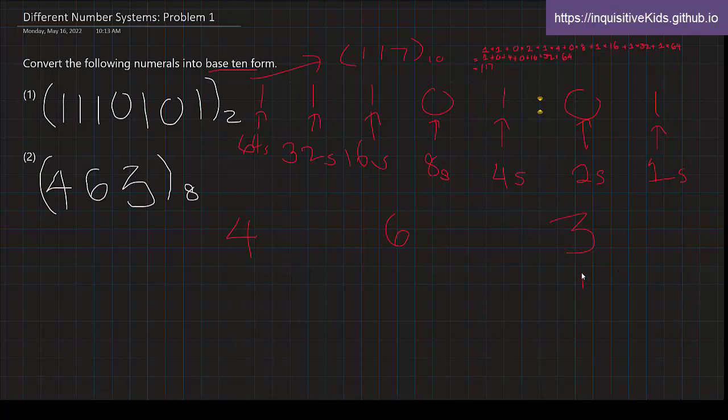So this, of course, is the ones place. This is 8 to the first power, which is 8. So eighths, eighths, eighths. And this is the 64th. So this is 8 to the nth power now.